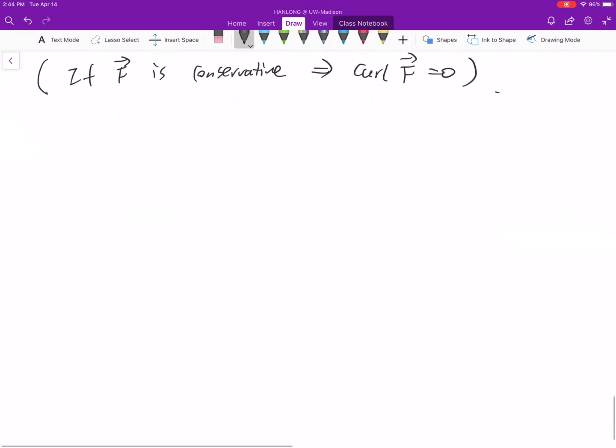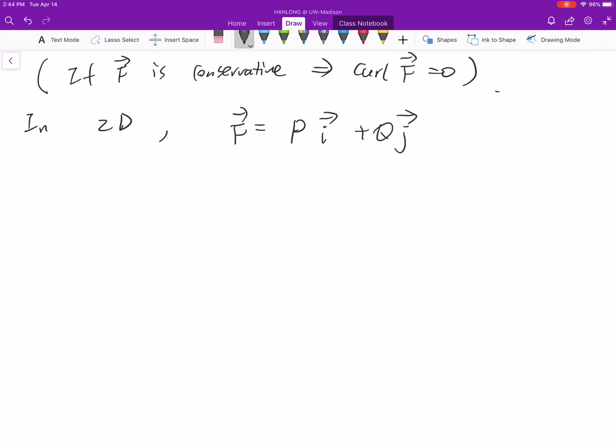Especially in 2D, recall F can be written as P i plus Q j.